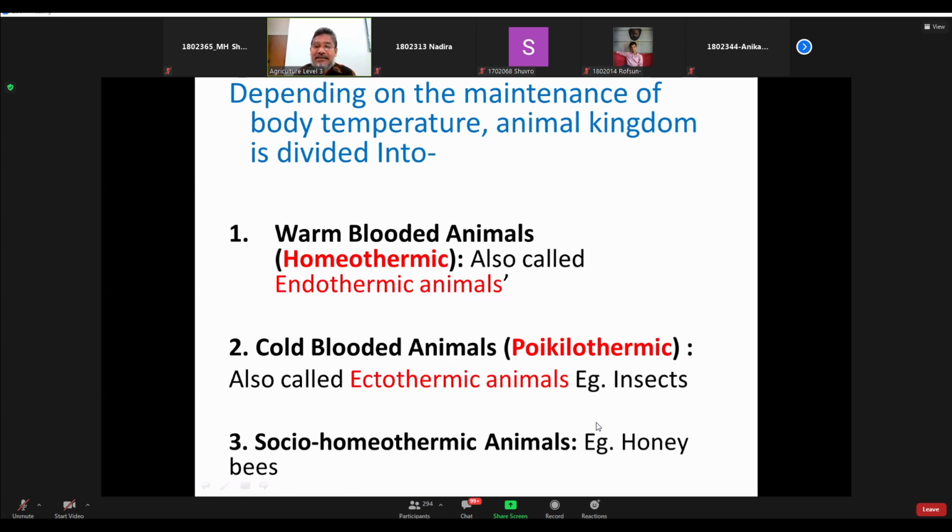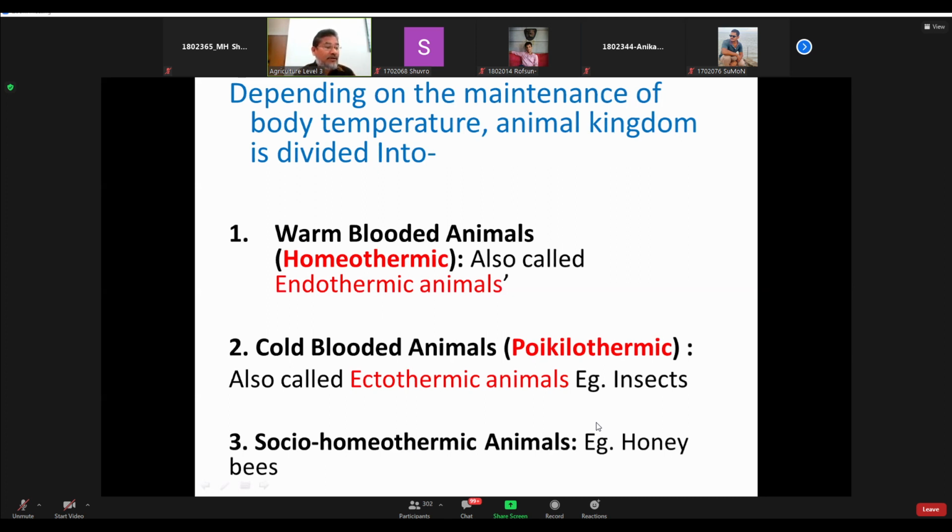It is a cold-blooded animal. Warm-blooded animals are called endothermic animals or homeothermic animals. So under different names or terms, they can be called warm-blooded. For example, human beings are warm-blooded animals. Higher animals are more or less warm-blooded.